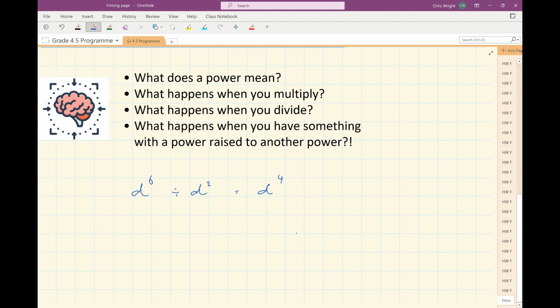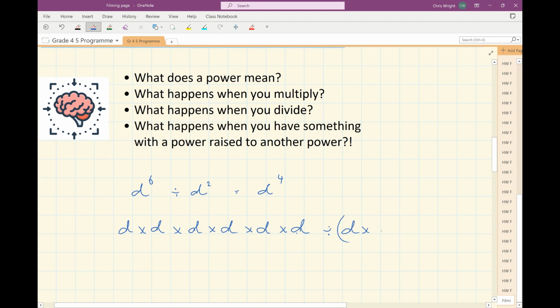Now, why is that? Well, if we have d to the power of 6, d times d times d times d times d times d, there's d to the power 6. If I'm now going to divide by d squared, well, why would I bother to multiply by those last two d's if I'm just going to divide by them?